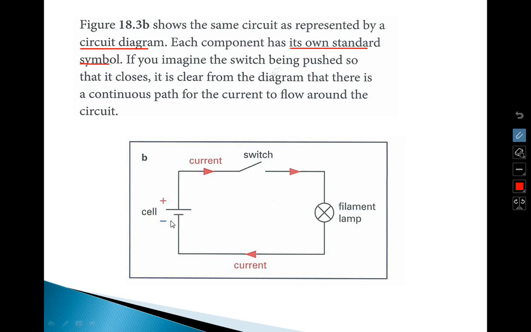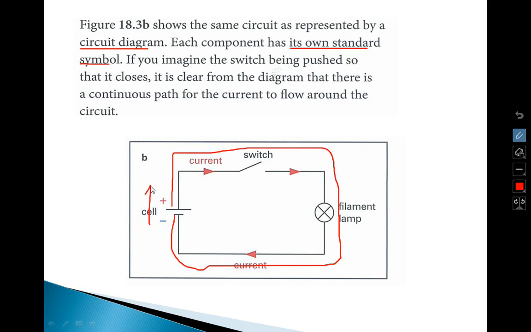So current will start moving from the positive like this, and then we move like this. We will go through the whole circuit and then return where? To the minus part. So the current will move like this.